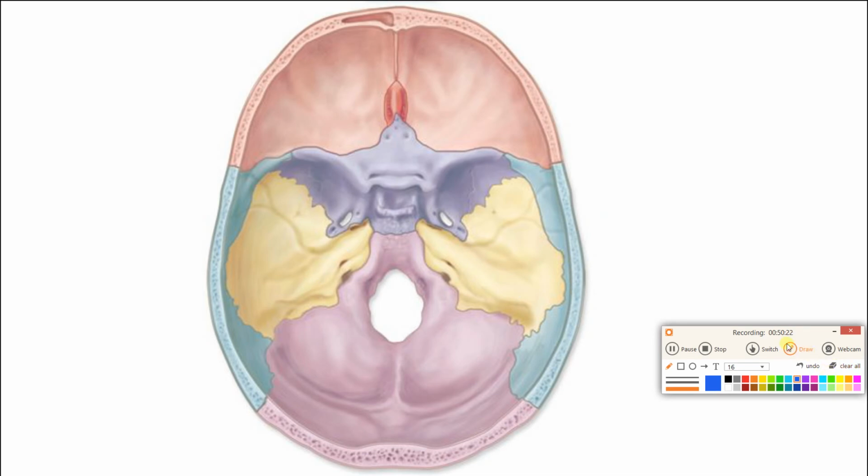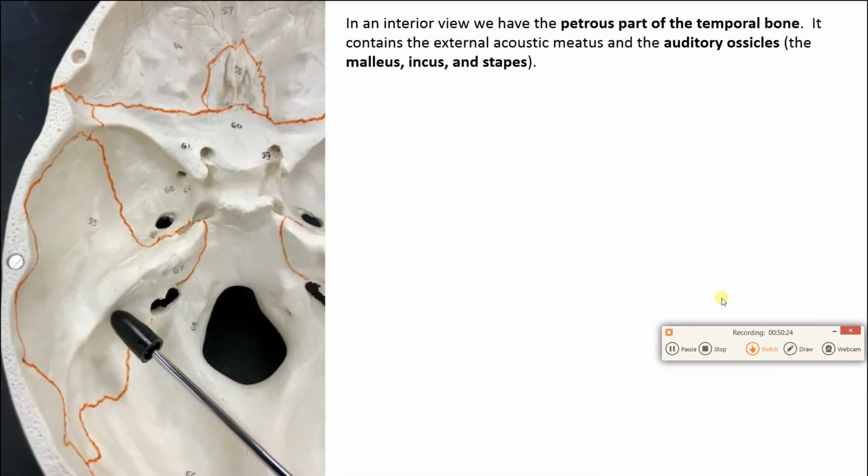If I look on the model here, I see the petrous part of my temporal bone. The external acoustic meatus, that ear passageway, actually goes through it. So this is a weird situation. I have bones inside this bone. There are 3 bones inside this bone.